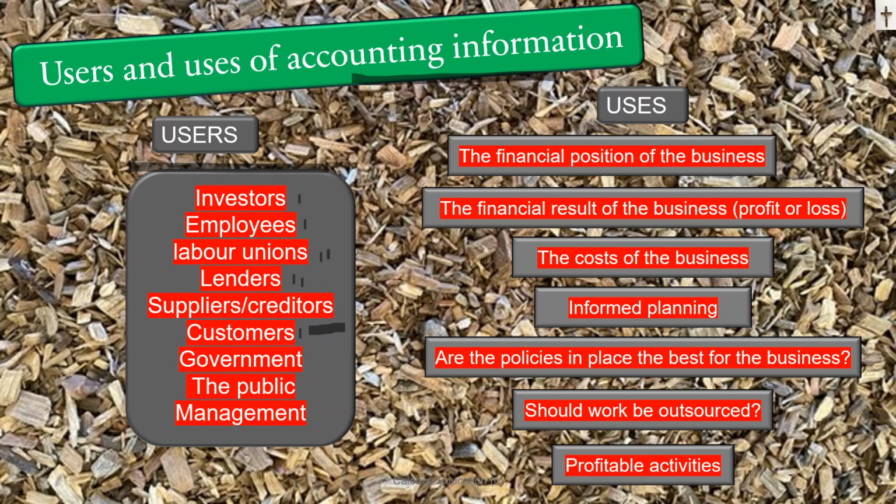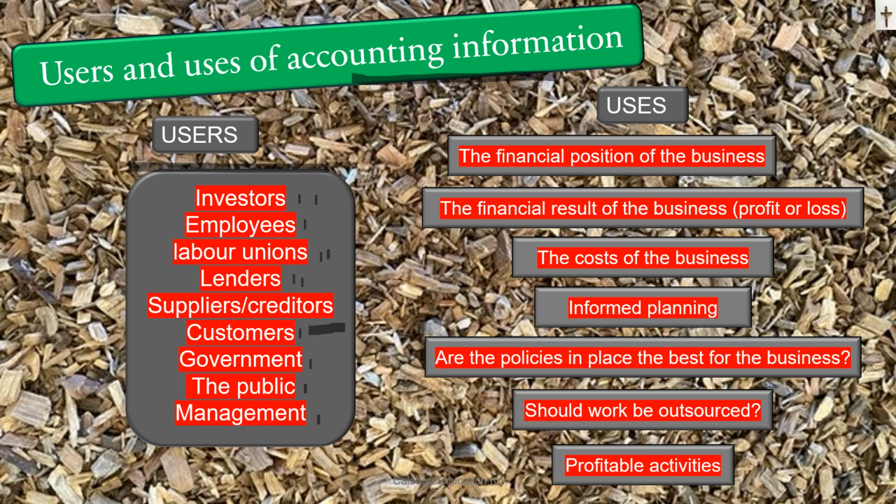Customers want to know if you're going to be around for a while, because they're busy building a relationship with you, the company. Government are interested in your financial result for taxes. The public are interested. Management needs information to make sound decisions.